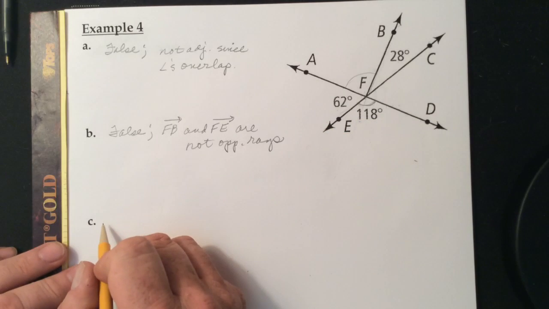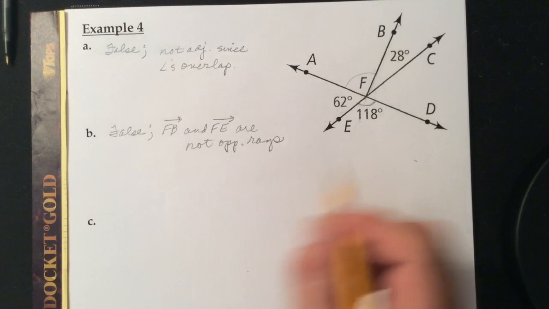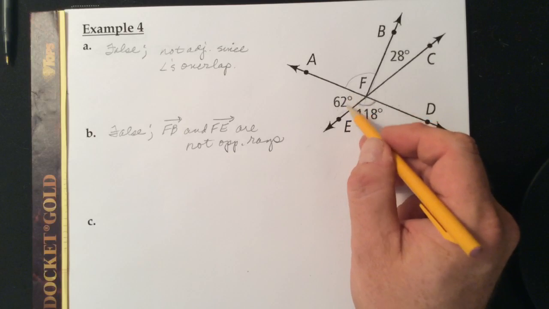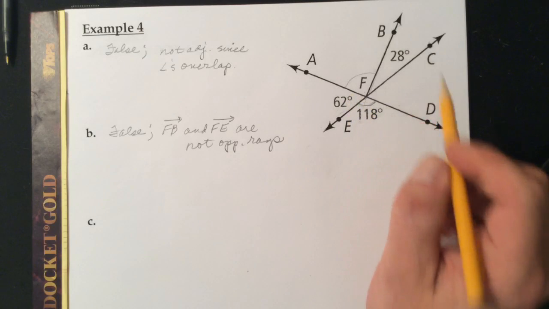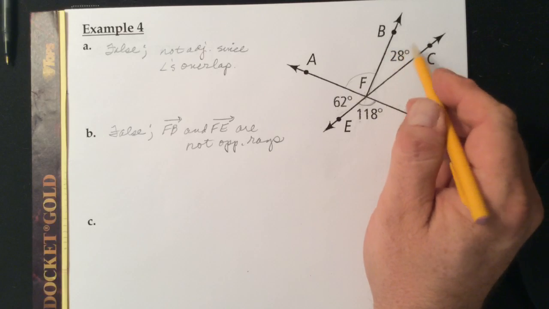C. Angle AFE and angle BFC are complementary angles. In other words, they're complements of each other. So angle AFE, that's a 62 degree angle here, and angle BFC, that's this 28 degree angle here.